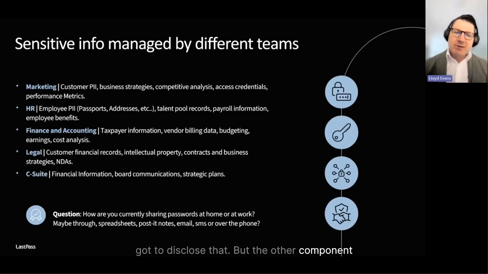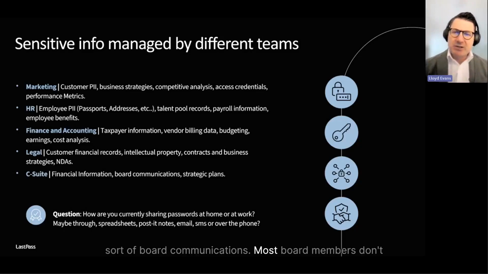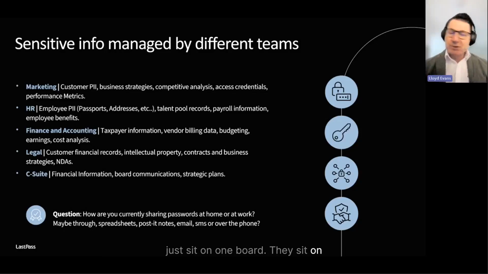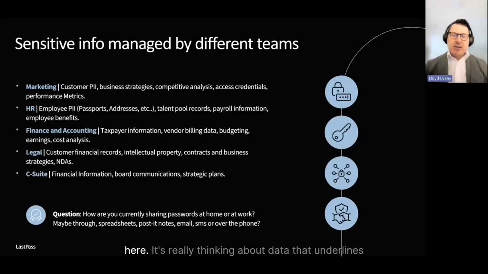But the other component to this that comes up as well is board communications. Most board members don't just sit on one board, they sit on multiple boards. And so if they're effectively housing their board material in an app that isn't controlled by you, how do you protect that?